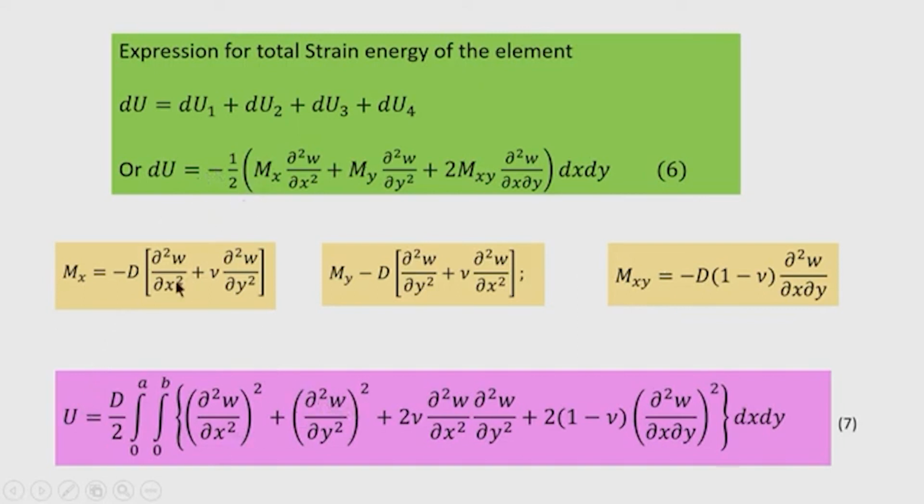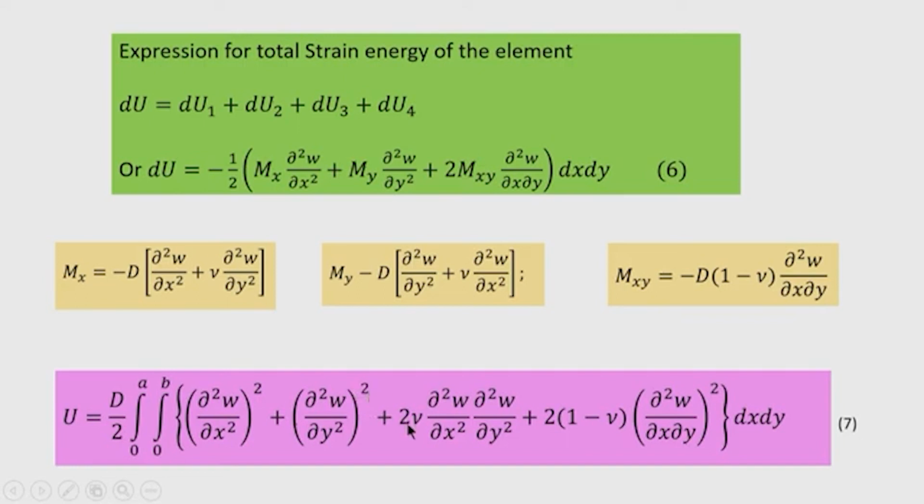The first term is the curvature in the x direction, squared. Then the second term is the curvature in the y direction, also squared.